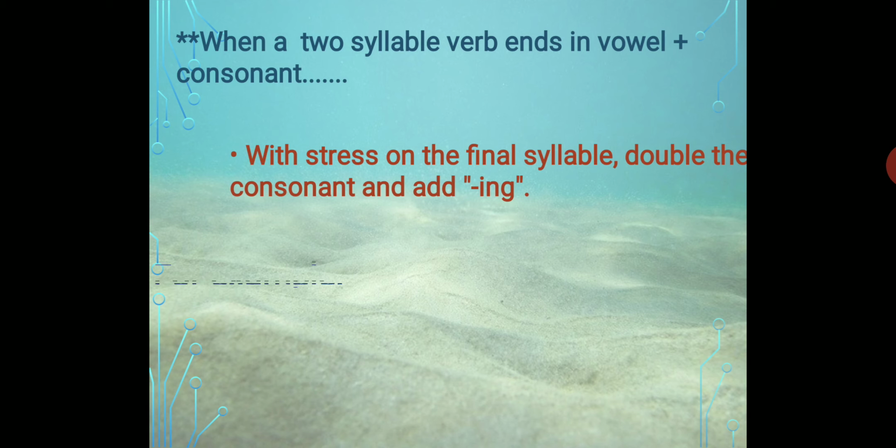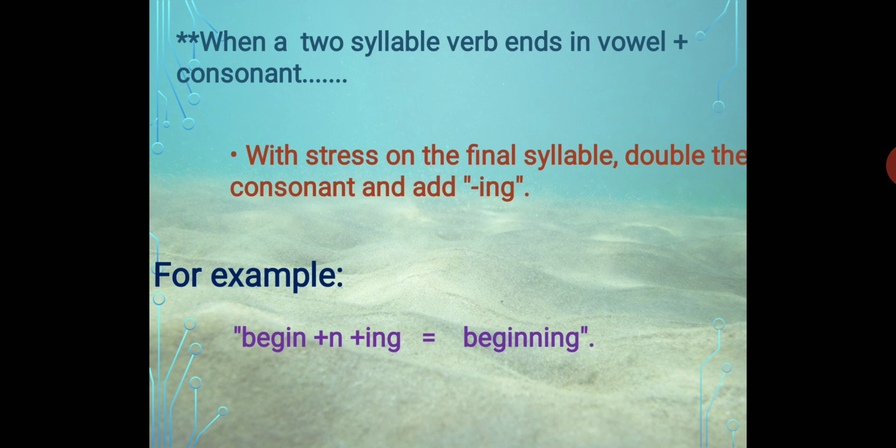It means when we pronounce the word, we give the stress on the second syllable. For example, begin. So be and gin, right? There are two syllables. So we stress on the gin.